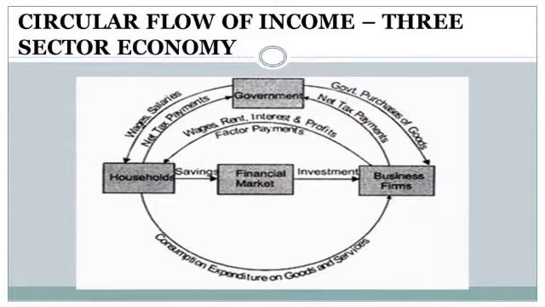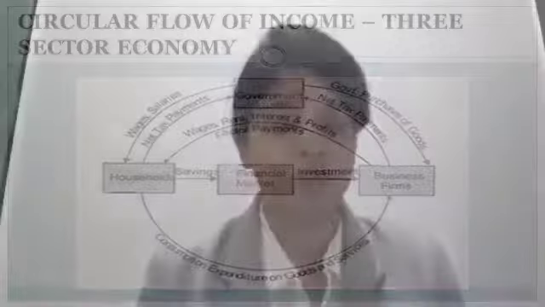One, as consumption expenditure, where they would spend a little amount on buying the goods and services produced by the business firms. A little part of it would go as net tax payments to the government. And the third one was a small amount of savings or investment done in the financial intermediaries.